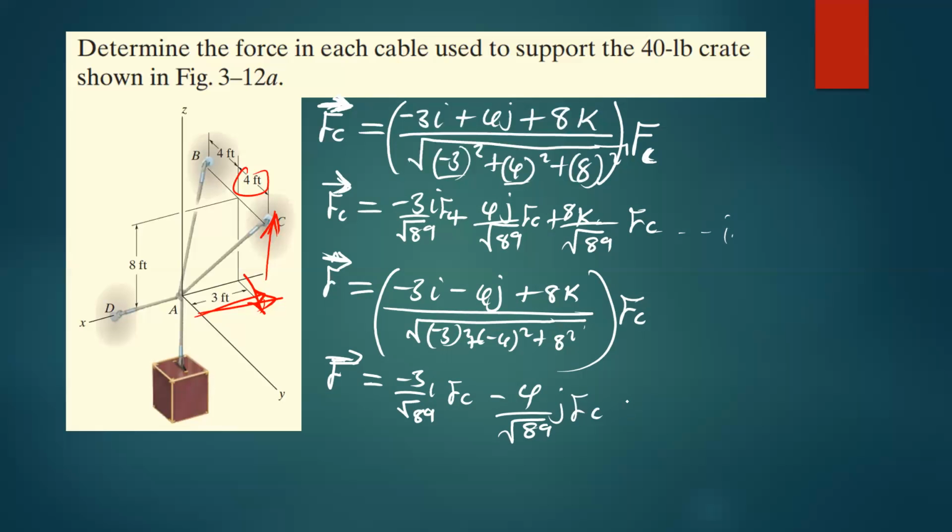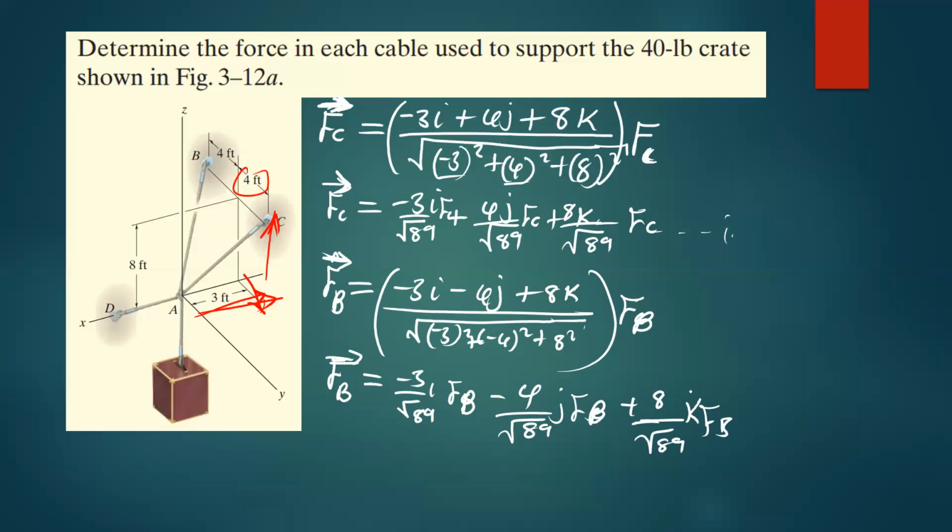Oh, sorry, not FC, we're dealing with B here, so we are multiplying by FB. This is our FB. And then plus 8 over the root of 89 FB in the k.